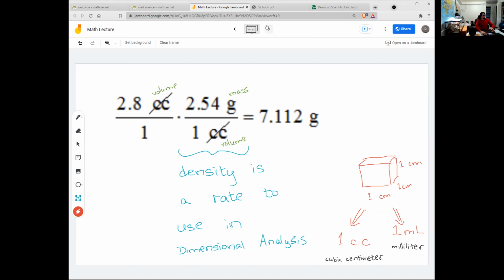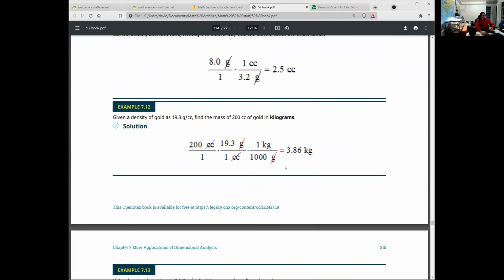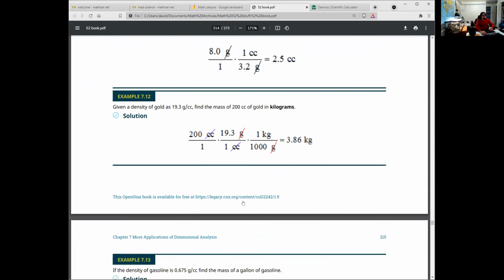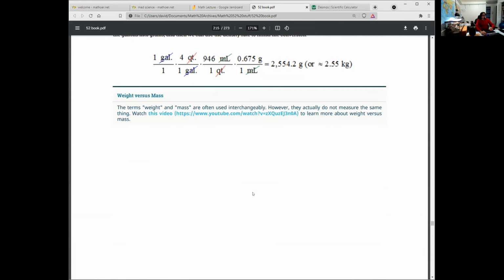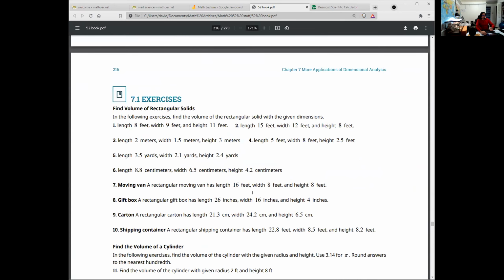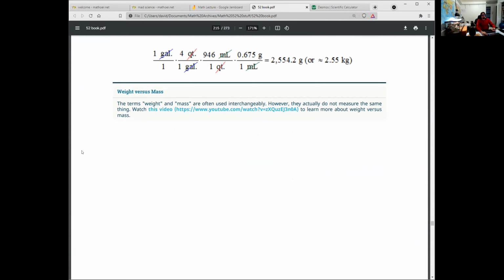Okay, so sort of mission accomplished. We're now to unit analysis. You have example problems to mimic. You can handle this. There we go. Okay. There's a nice note here. Everyone know the difference between weight and mass?